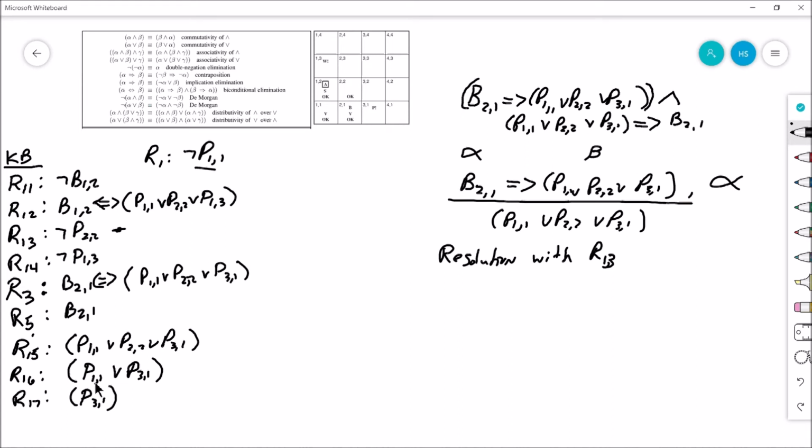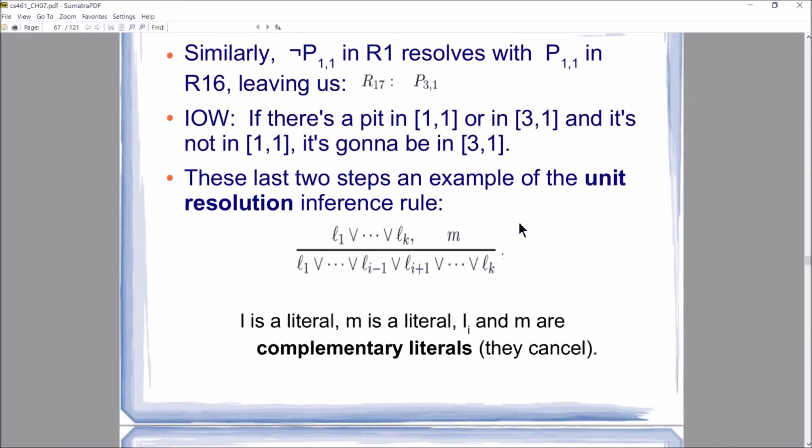Okay, so these were examples of what's called the unit resolution inference rule. We can cancel. If we have a sentence and there's a previous sentence that negates it, we can cancel and make a new sentence. So those last two steps were the example of the unit resolution inference rule.